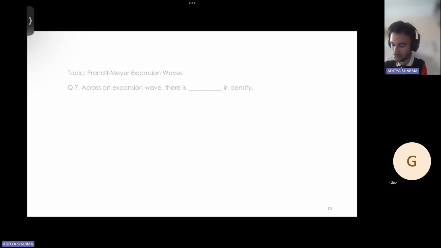Let's move on to the next question. This is again based on these properties only, right? So across an expansion wave, there is dash in density. Obviously, I should have written static or total, but here I mean static.